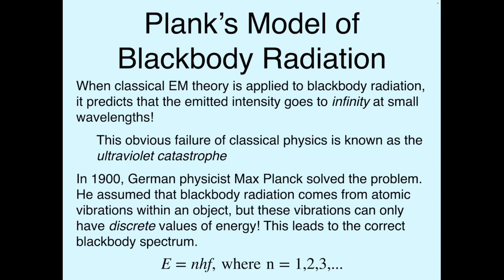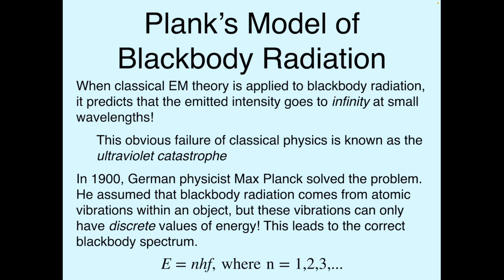So they can't just take on any given energy value, they can only take on very specific discrete values of energy. And when he made that assumption and did the calculation, he came up with the exactly correct blackbody spectrum. So Planck's model works, classical models do not work, okay?